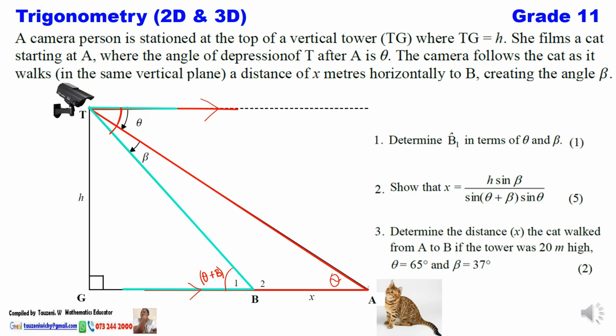Now, we have put in the information which was not directly there, but which was described in the question given. If you look at our diagram, there are even more angles that we are able to calculate if it becomes necessary. At B1 and B2, we have a straight line. So we can also find the value of angle B2 using the fact that angles on a straight line are supplementary.